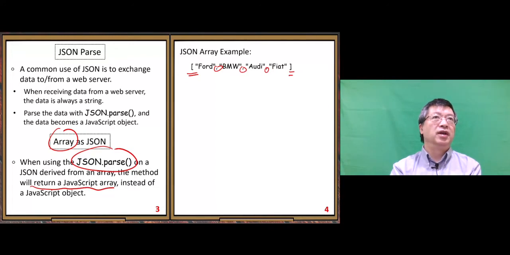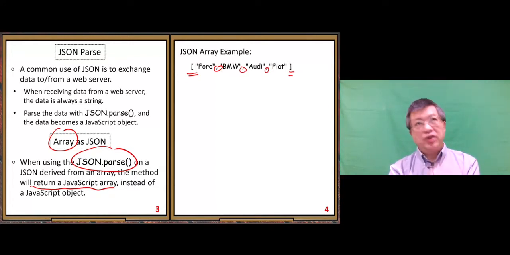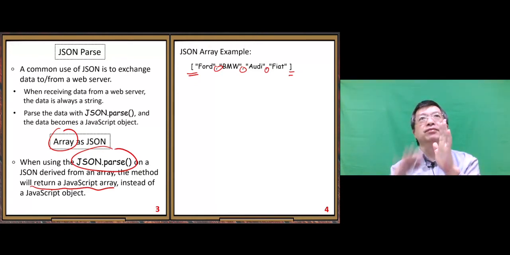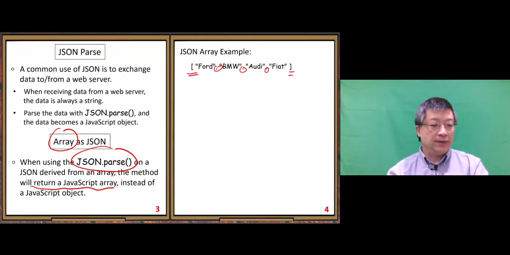So this is another type of JSON data format. In your mind, you have the two types: object type and array type.